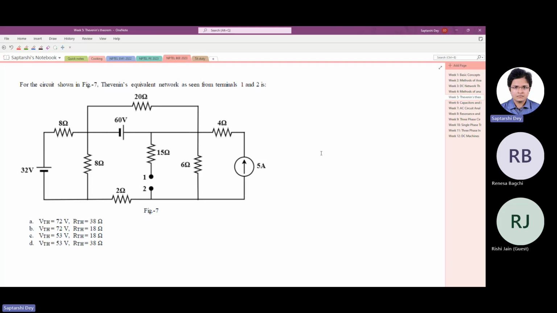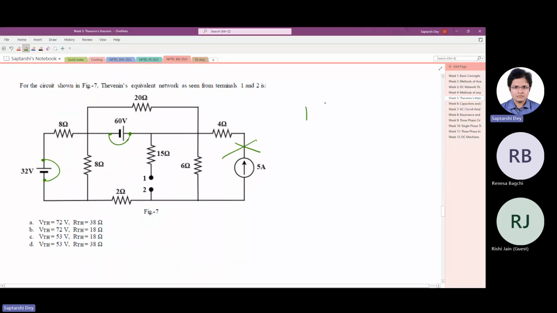Thevenin's equivalent circuit as seen from terminals 1 and 2. Okay, at least I can find out the equivalent resistance. So short circuit this, and open circuit this. So what do you have? You have 8 in parallel, so 4 ohm and 4, 6. So let me draw once again.